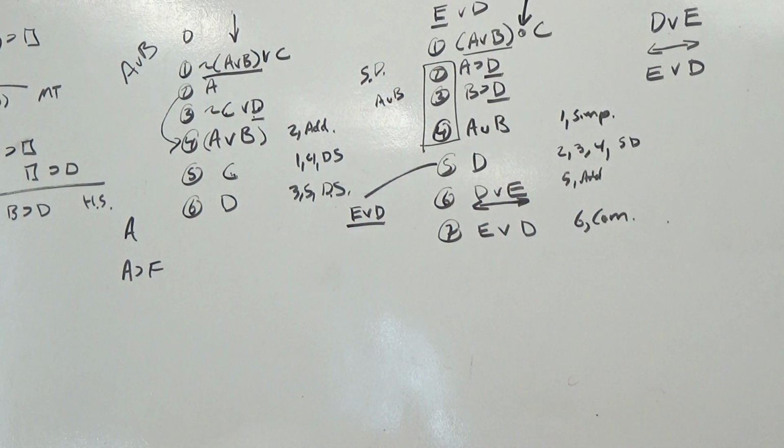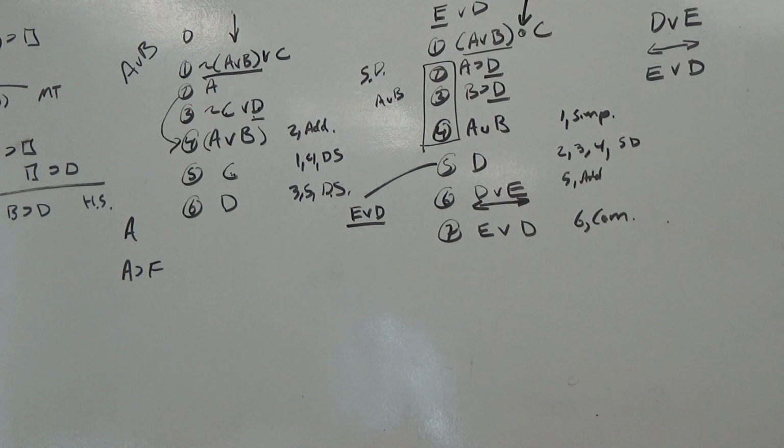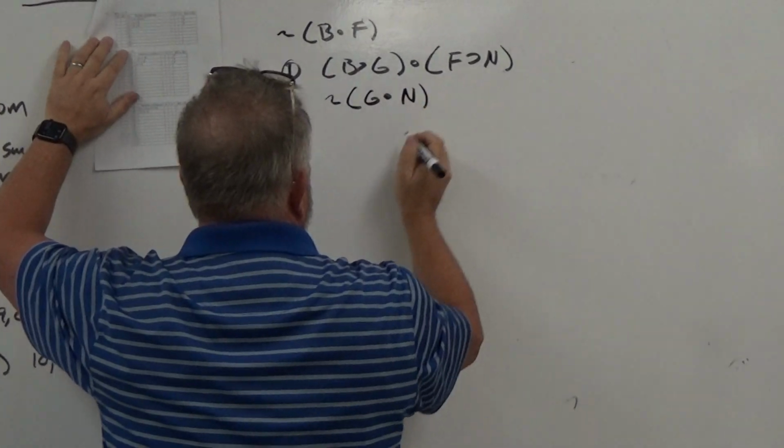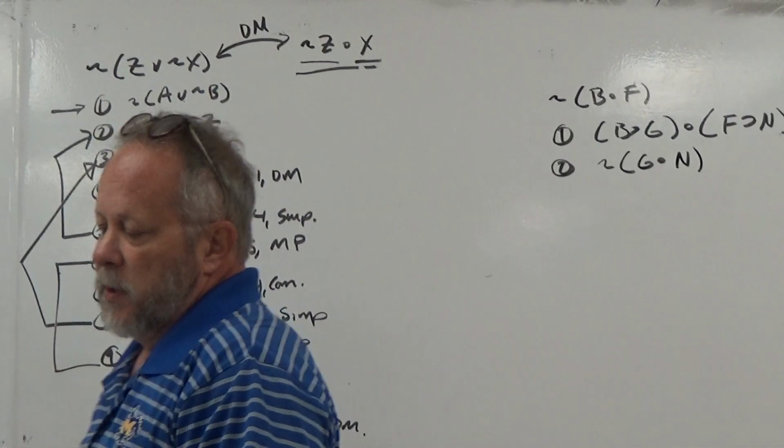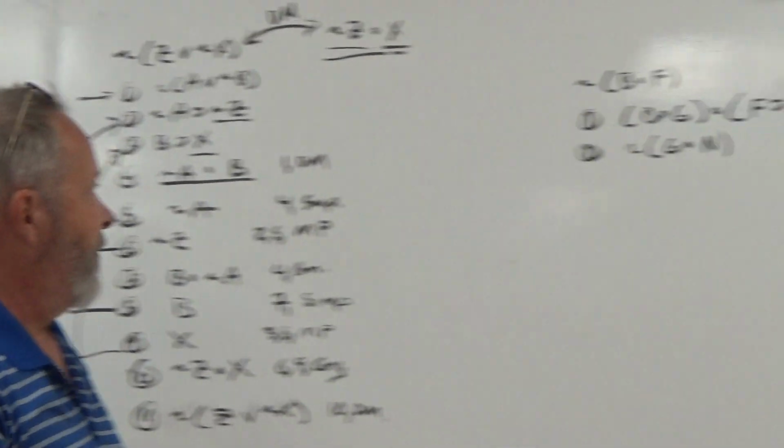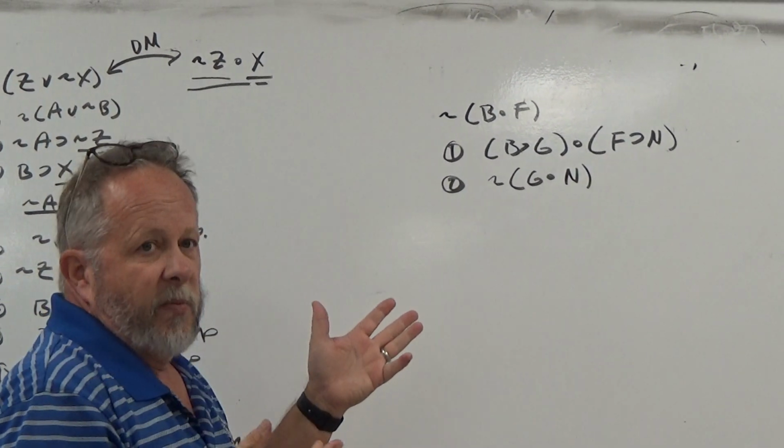Okay, number 5. We have not B and F. We have B then G and F then N, and not G and N. Okay. So we need to get to not B and F, and I don't see it anywhere in the premises.